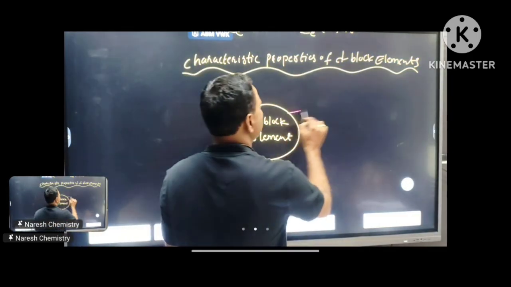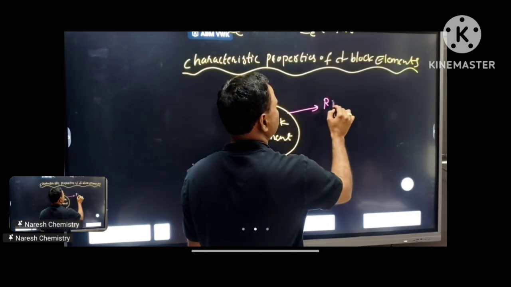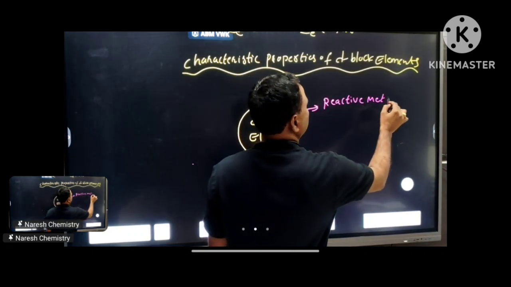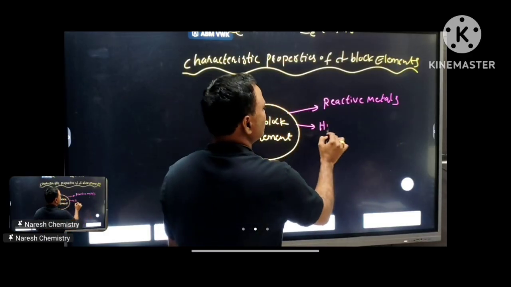Most of the d block elements are reactive metals. They have high melting and boiling point values.